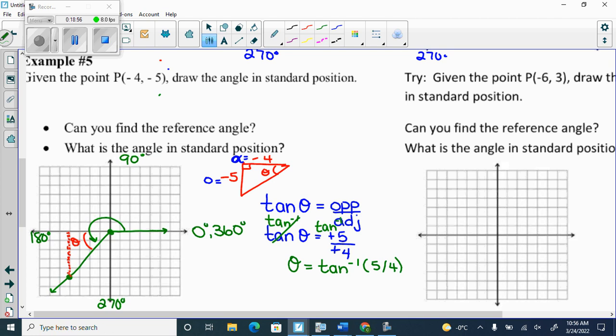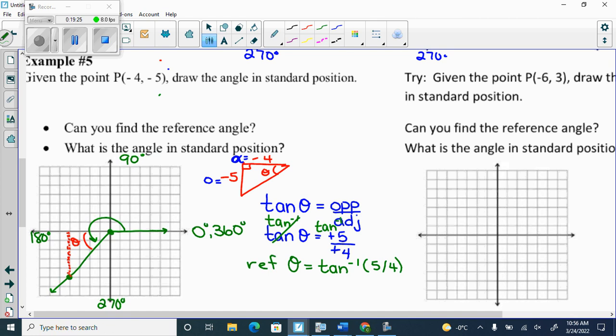So go mode, and then move down, and then over to degrees, right? And then hit enter. So go second tan 5 divided by 4. Wow. It's 51 degrees. Yes.